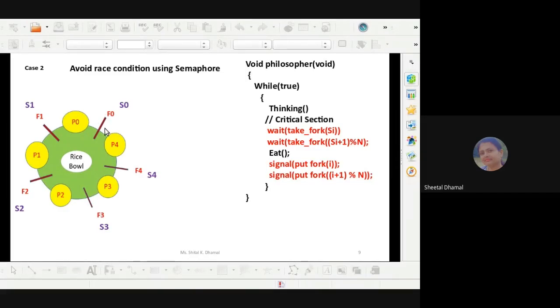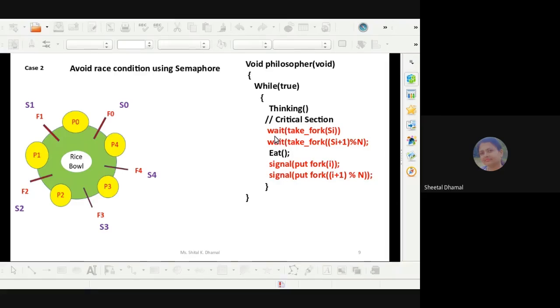Suppose the philosophers want to eat, then they want to perform the eating operation. At that time the philosophers enter the critical section, and inside the critical section they perform these operations: they take the left hand side fork, they take the right hand side fork, and after that they perform the eat operation. To enter the critical section, the philosopher or process must execute the wait function.